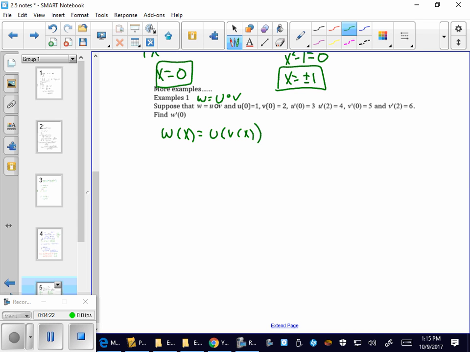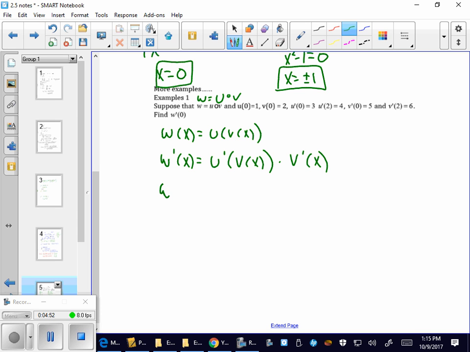Therefore, w prime is going to be the derivative of the outside piece, which in this case is our u, times the inside piece, times the derivative of our inside piece. Now if I want to find w prime at 0, I'm simply going to replace all the x's with zeros and figure out the values.